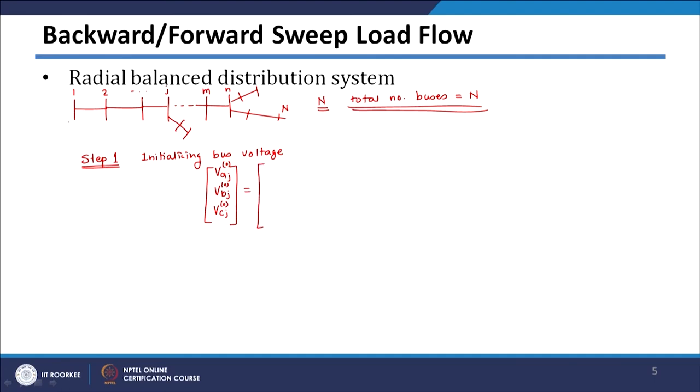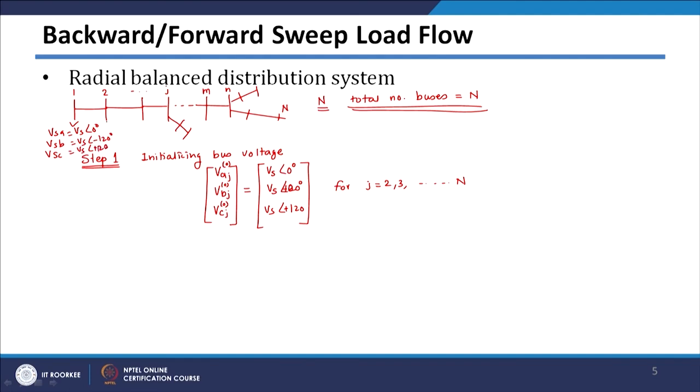initially as I told you, we are assuming the voltages at this bus which are basically Vs angle 0 degree, Vs angle minus 120 degree and Vs angle plus 120 degree, which we are initializing for j going from 2, 3 up to all the buses, that is capital N. So, all the buses will be initialized with the initial voltages which are VSA, VSB and VSC, which is equal to Vs angle 0 degree, Vs angle minus 120 degree and Vs angle plus 120 degree.